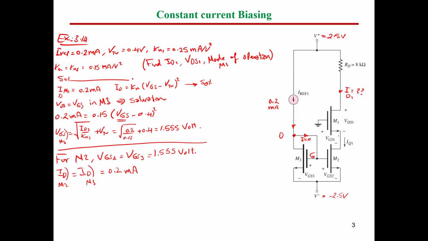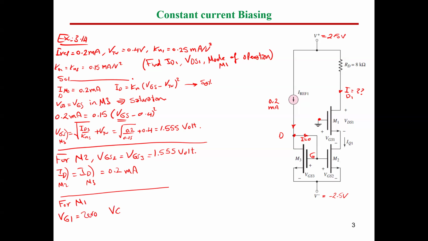Okay, firstly, guys, this is the gate of MOSFET number 1. As you can see, the gate is connected to ground. So let me write down here for MOSFET M1, VG1 equals 0.